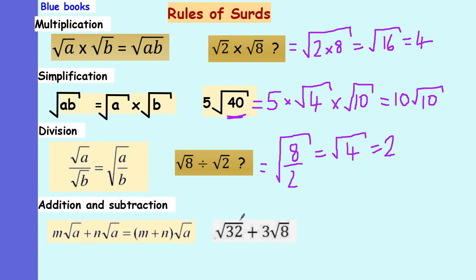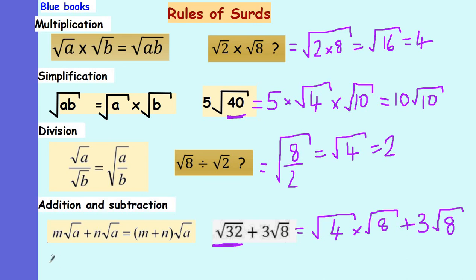For example, if I was working out the square root of 32 plus 3 square root 8, I would start by simplifying this first surd. I can say, well, that's equal to the square root of 4 times the square root of 8 plus 3 lots of the square root of 8.